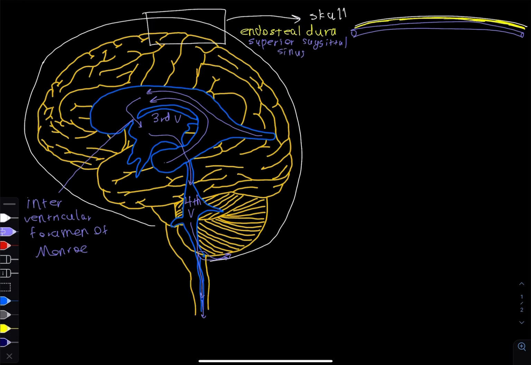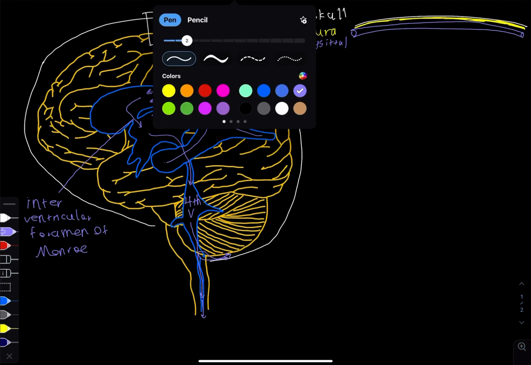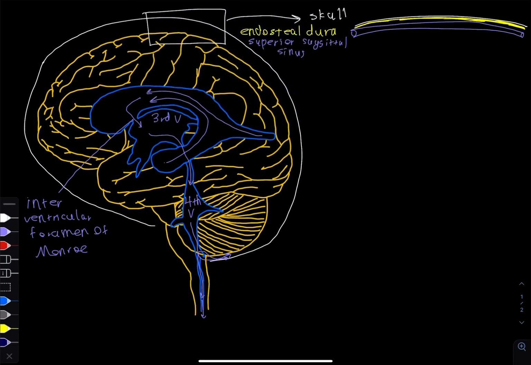Then underneath that is going to be the, let's just do green. It's going to be the meningeal layer of the dura. But it's not actually green, obviously. But underneath that we have the arachnoid.